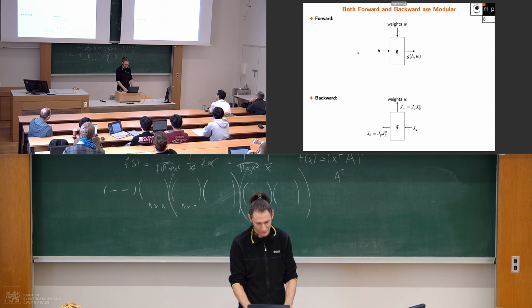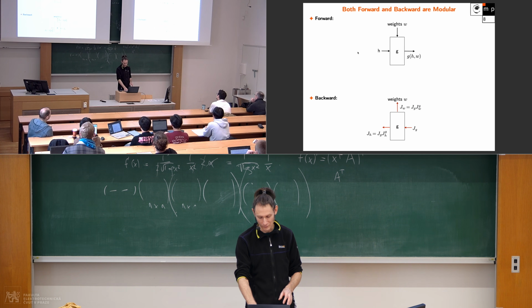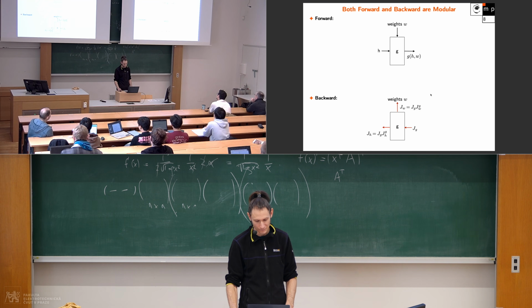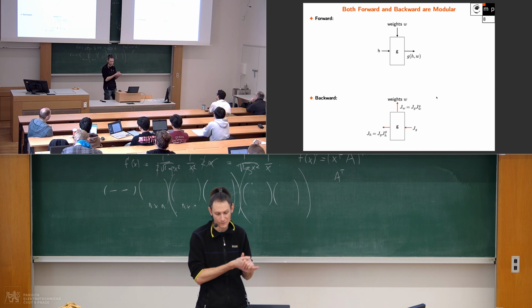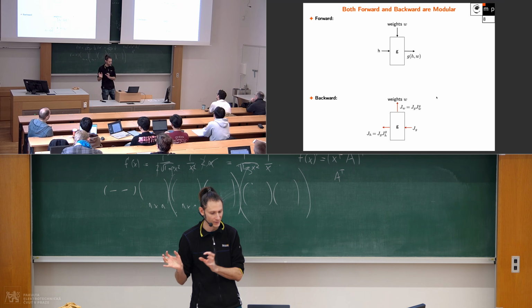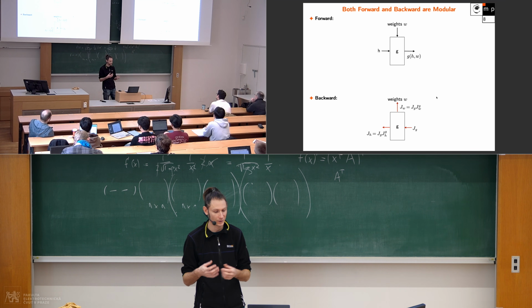I think it is more clear now, from what we have discussed so far, that all this procedure is modular, right? We can compose the neural network out of different functions, and for each function we need two things.